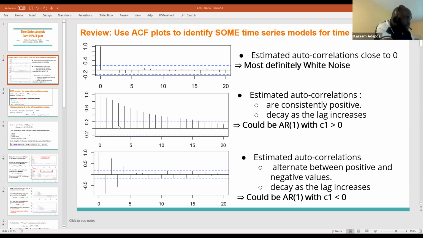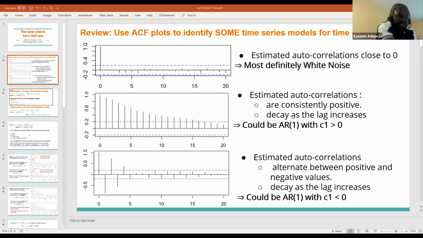Now, when you take a look at this one, you're going to see that the majority of them are outside the boundary, and they are decaying, and they are all positive.